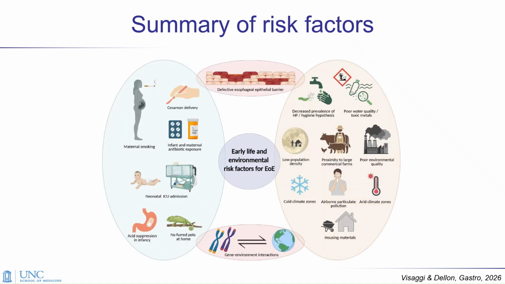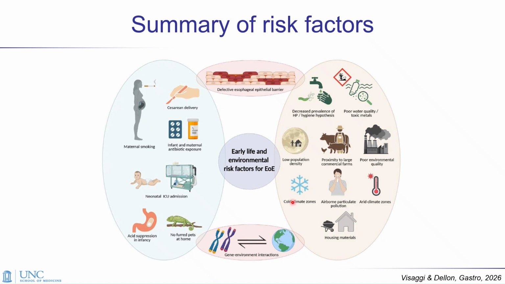So to summarize how we think of all of these risk factors that we've learned about from the epidemiology of EoE is that we have a number of environmental factors. For example, the antibiotics that I talked about or cesarean delivery. These are the early life factors, and you have a bunch of other environmental factors, maybe the water quality or the population.